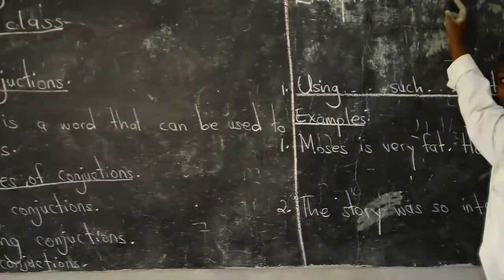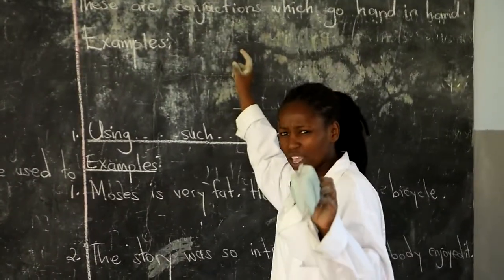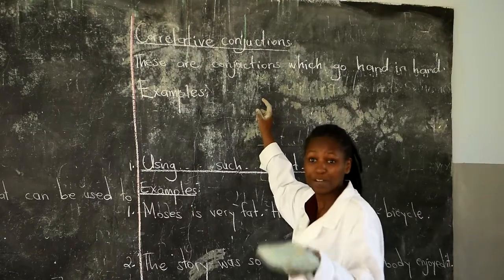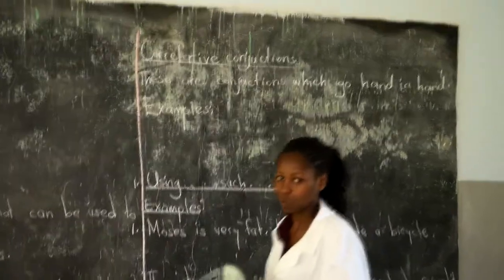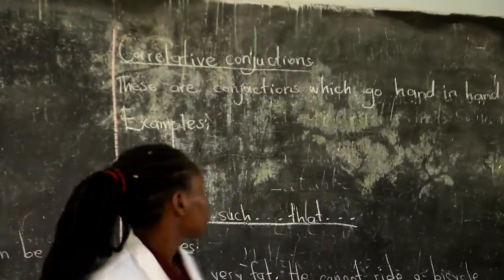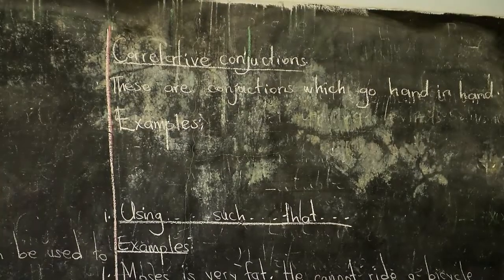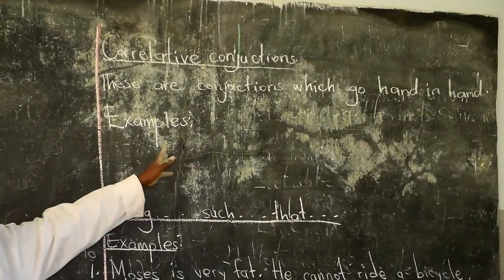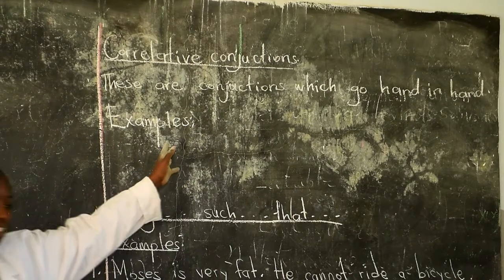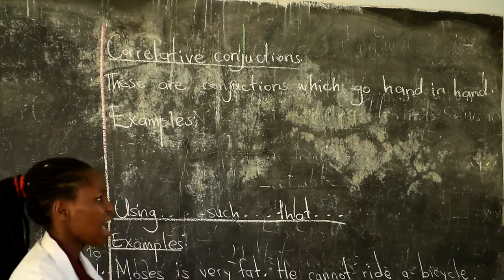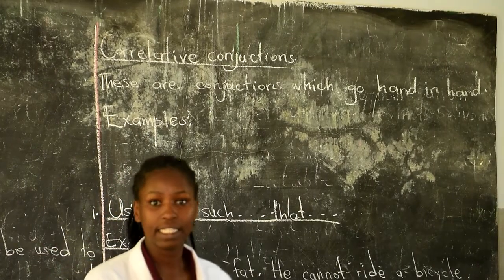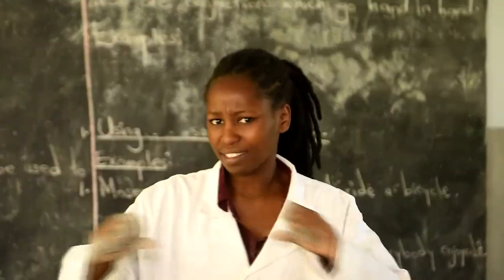Before we learn how to use them, we have to understand what they are and what some of the examples are. So, what are correlative conjunctions? These are conjunctions which go hand in hand. It's like they are in pairs.